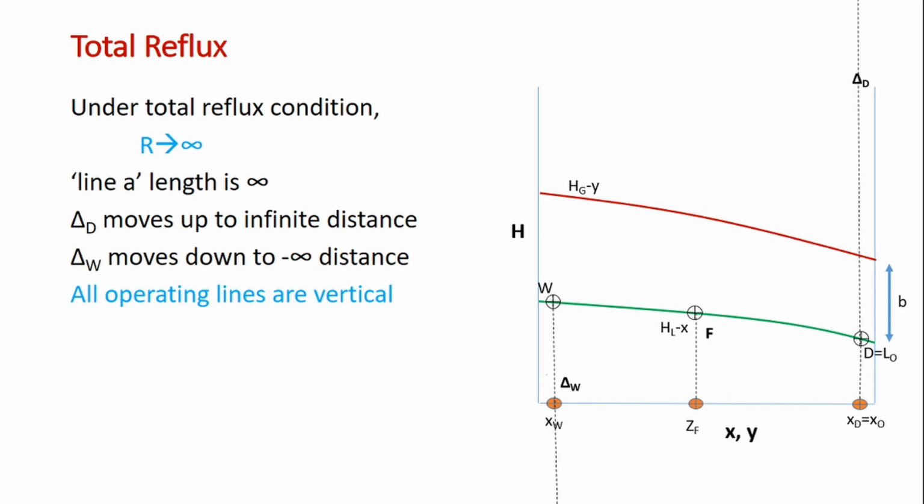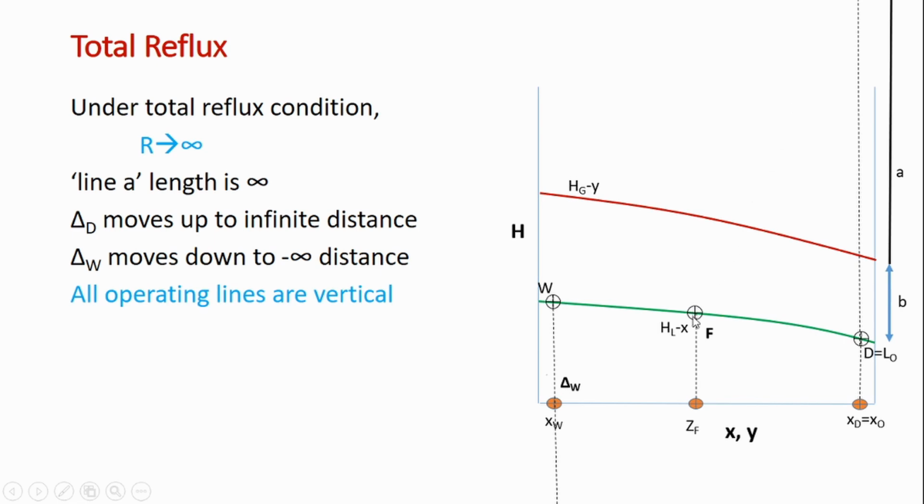So extend this line from xt equal to x0 to this delta D. A is going to infinity, so your q dash coordinate has moved to infinity, and delta D is going to infinity. If delta D goes to infinity, what happens to delta W?